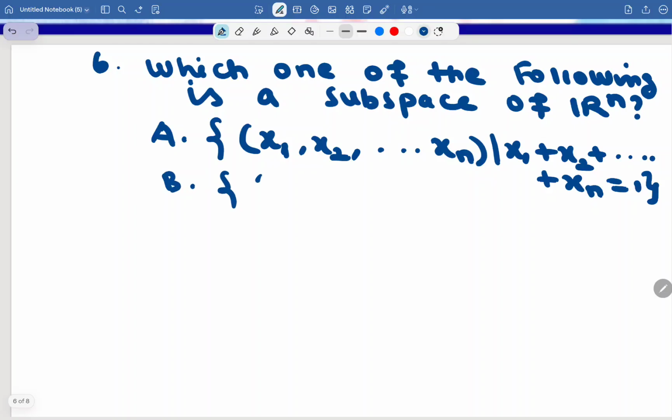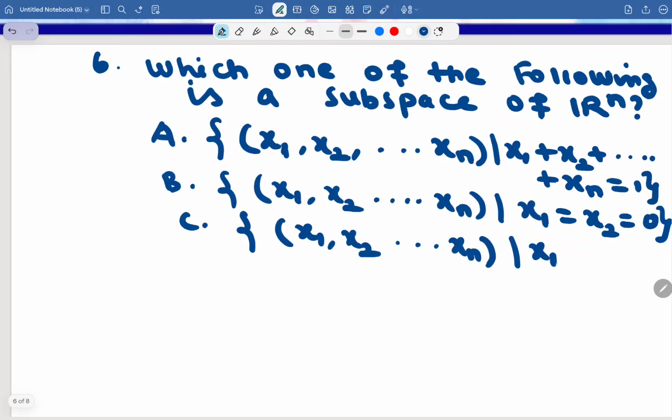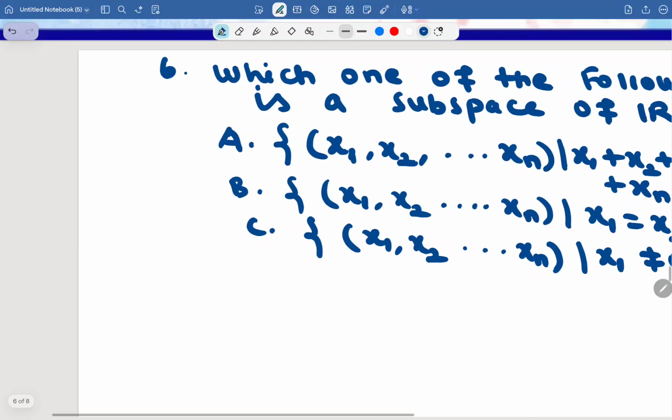Option B, set of all (x1, x2, ..., xn) such that x1 equal to x2 equal to 0. Option C, set of all (x1, x2, ..., xn) such that x1 not equal to 0.